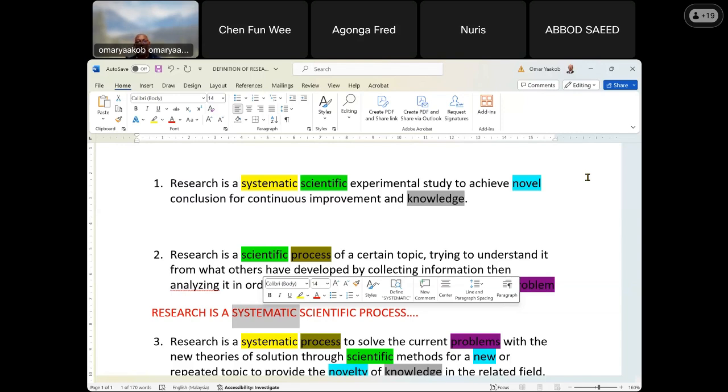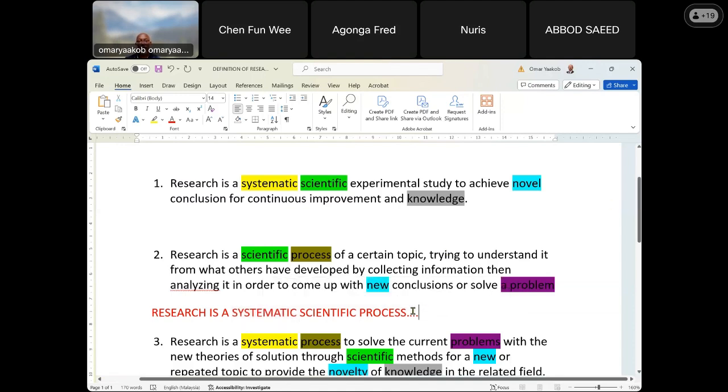I did listen to the lecture last week, and I did come up with my definition of research. I would like to propose: research is a scientific study using a systematic process to solve problems and find novel solutions through defined methodologies.